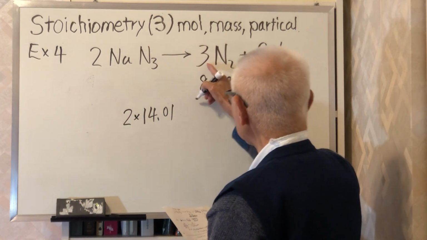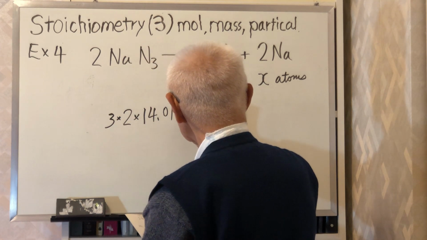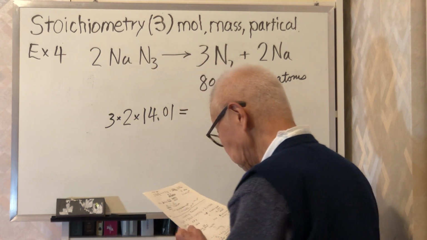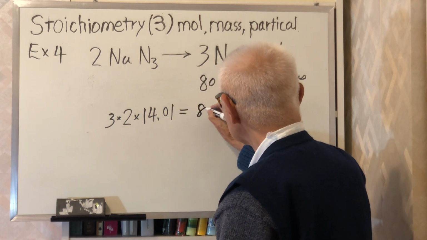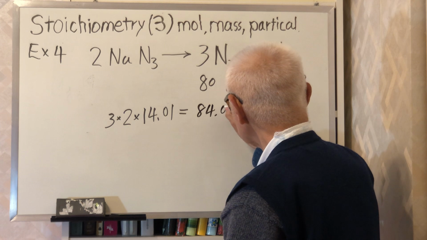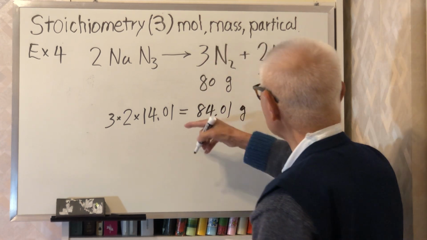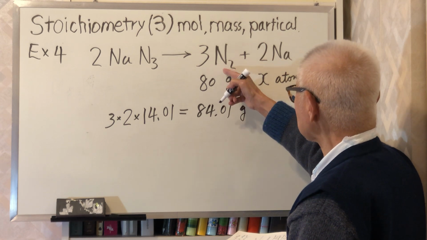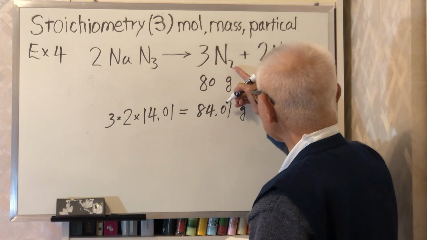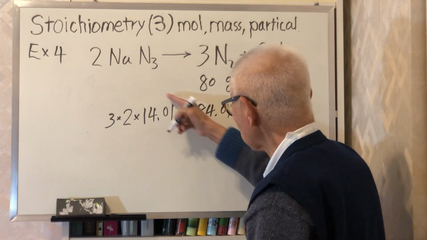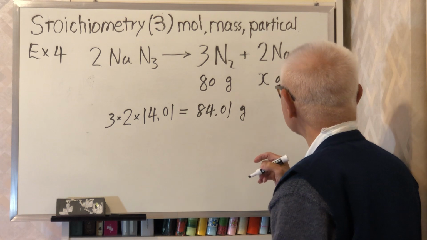I have 3 here, so multiply 3. So this is equal to 84.01, and this is gram. You see, from the periodic table, atomic mass times 6, I get this in gram.